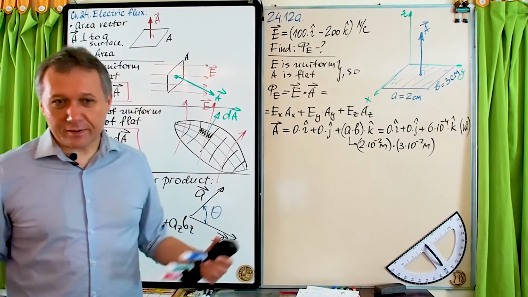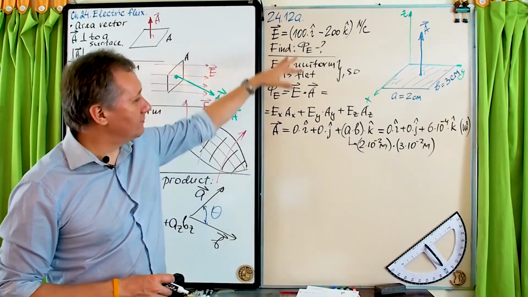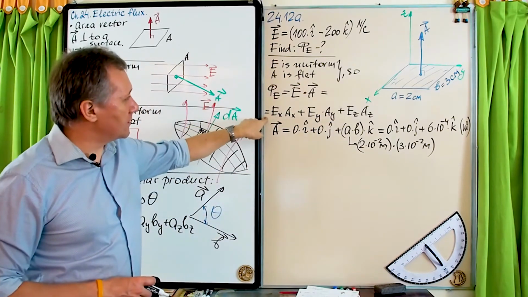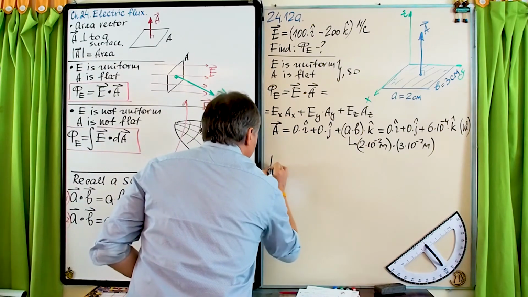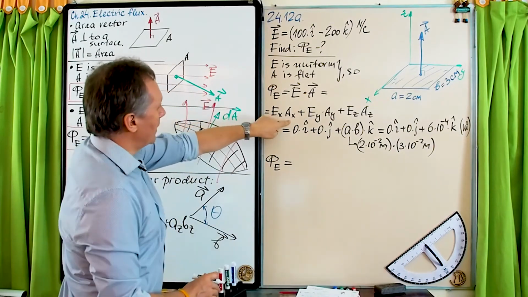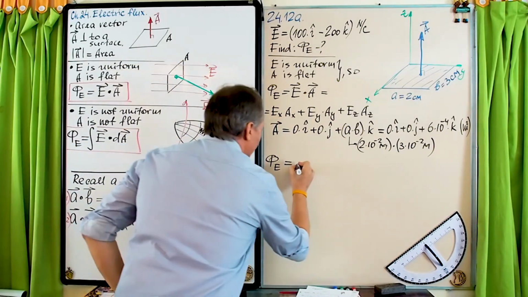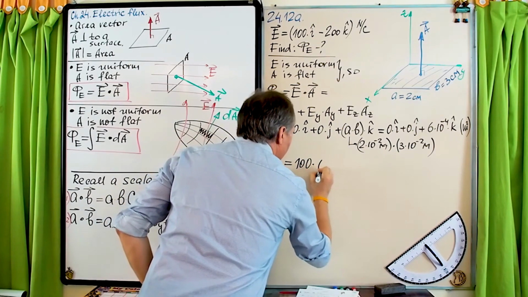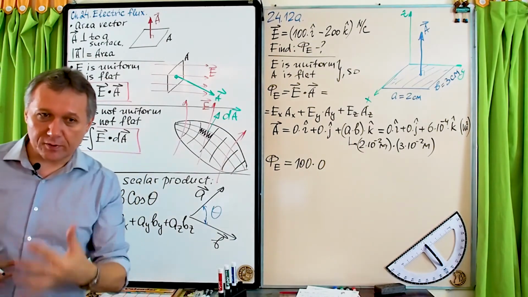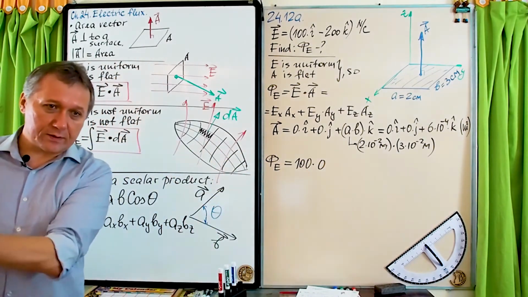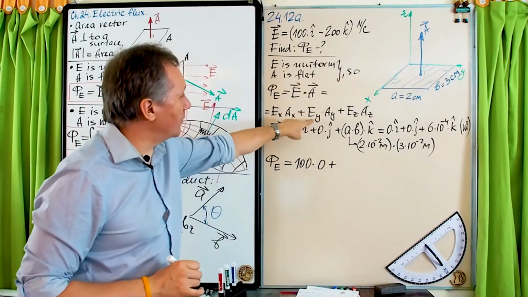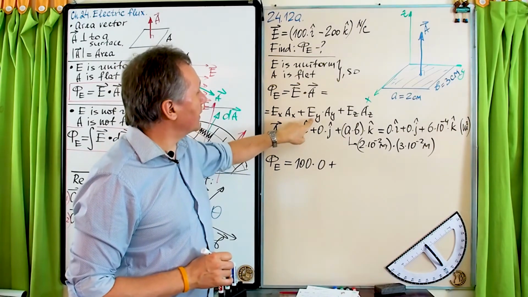Okay, so now we have everything. We have components of both vectors, E and A. So let me just write explicitly this line. The electric flux equals Ex times Ax: 100 times 0, just multiplying corresponding components, x components, y components, z components. Then, what's the y component of the electric field?